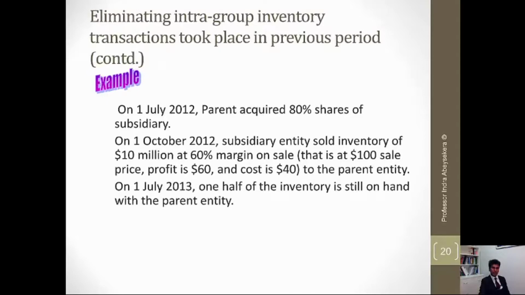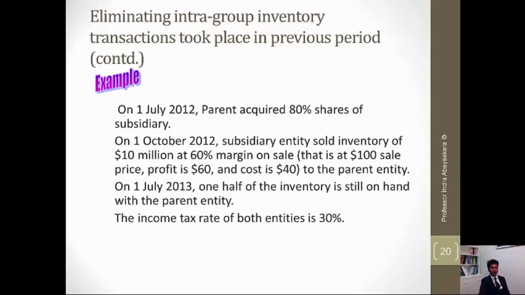Let's look at an example. 1st of July 2012, parent acquired 80% of the subsidiary. So the percentage of acquisition has no bearing on the elimination. We must eliminate intra-group transactions in full.